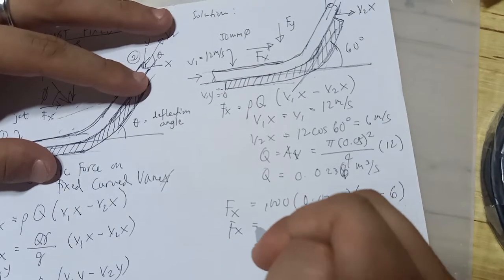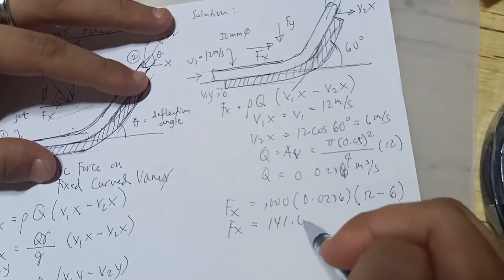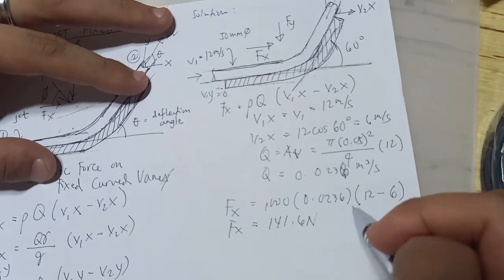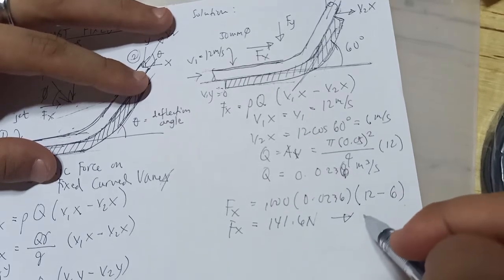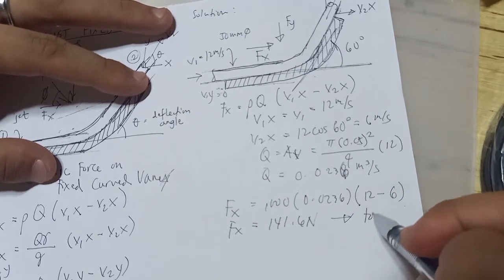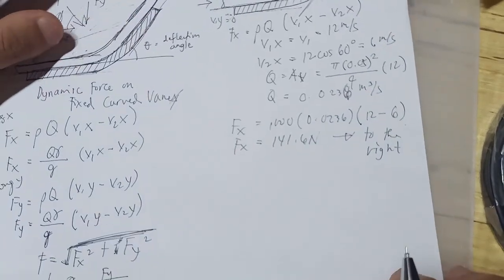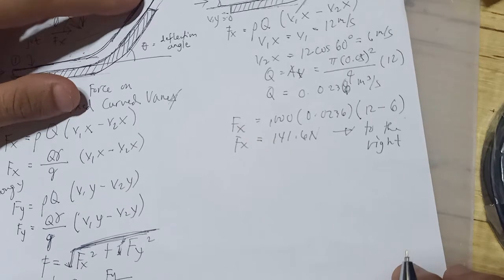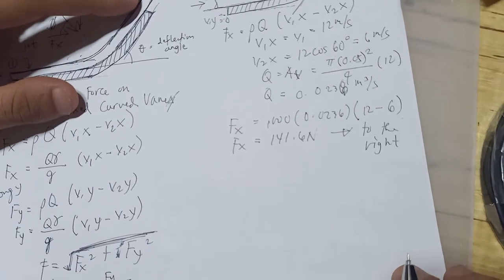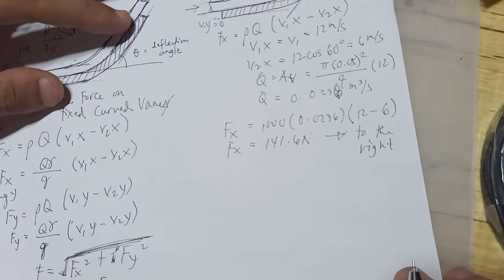So our Fx is 141.6 Newtons, which is going to the right. Again, we are asked for the horizontal and vertical components of the force exerted by the jet on the vane.